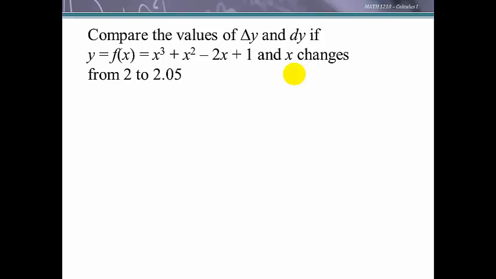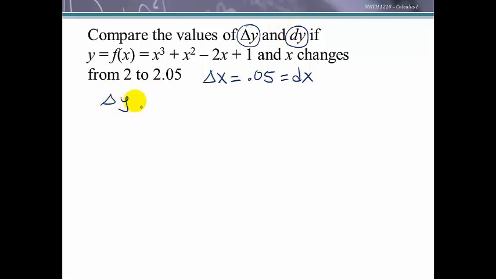Compare the values of delta y and dy if y equals f of x is x cubed plus x squared minus 2x plus 1, and x changes from 2 to 2.05. So our change in x is going to be 0.05, and that's also our dx. We're supposed to compute delta y and dy.